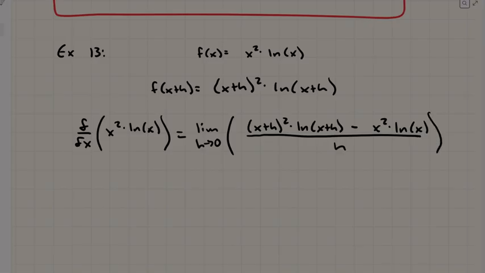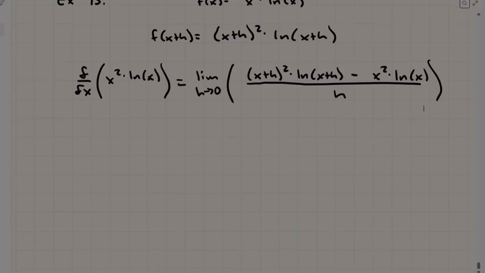Okay. And so we see we have this x squared. So that's going to be the general approach, like some of the other problems we did. We want to basically split the terms if we can factor out an x, because x is independent of h. Kind of the same strategies that we've been using on these other problems. So yeah, we're going to want to expand this f of x plus h term.